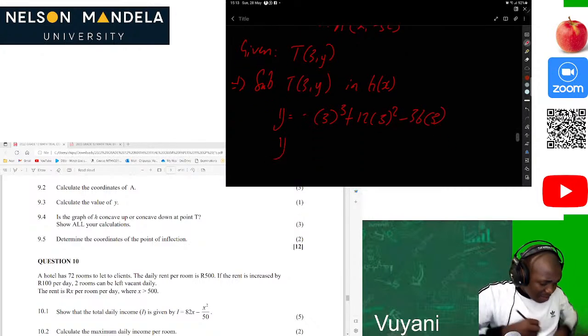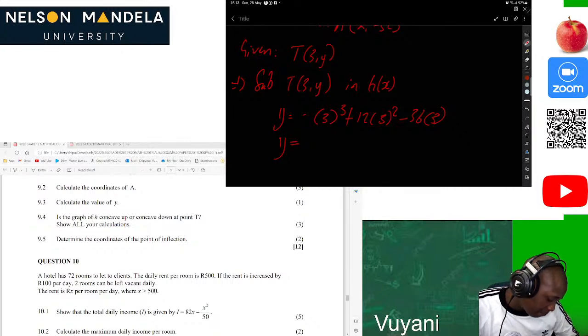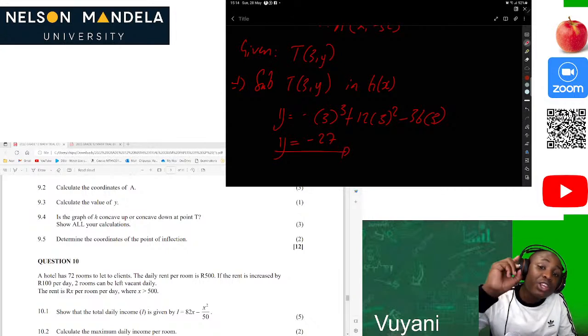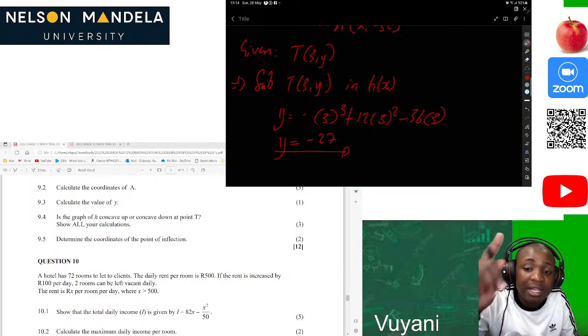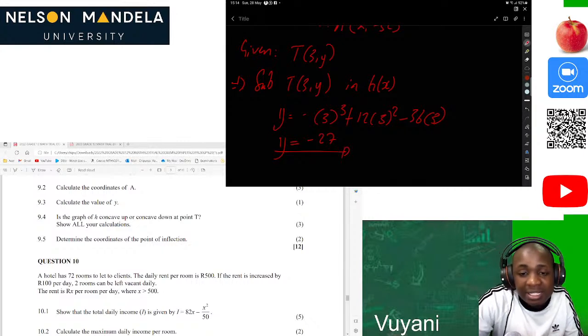Then with your calculator, negative 3 cubed is negative 27. Plus 12 times 3 squared is 108, minus 108, so this will be 0, and we will have negative 27. So the y value will be negative 27. Use your calculators. Don't be like me. Make sure that you use your calculator so that you can be accurate, to prevent making silly mistakes.